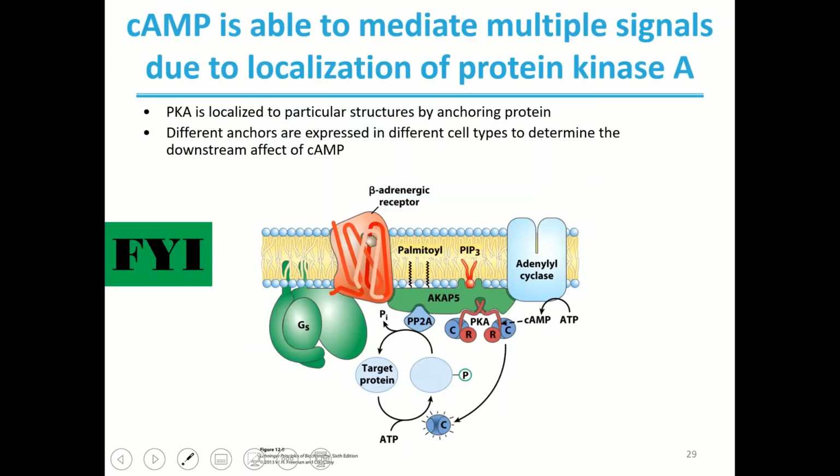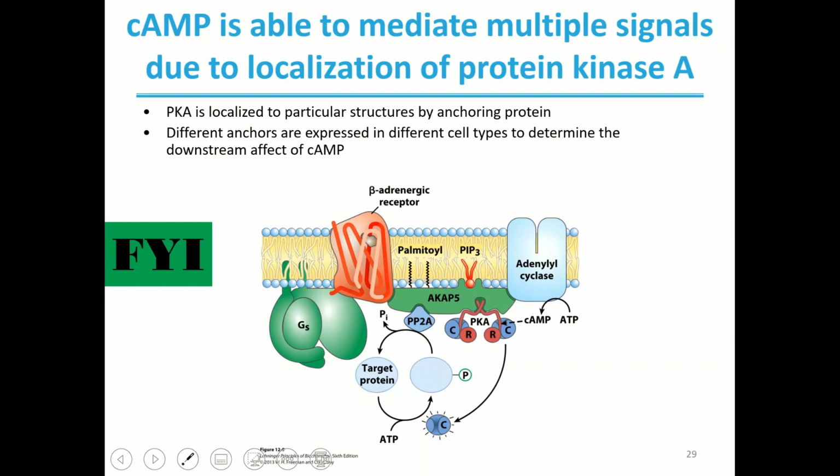Okay. Cyclic AMP is able to mediate multiple signals because of the localization of protein kinase A. Protein kinase A is not really just floating around randomly.